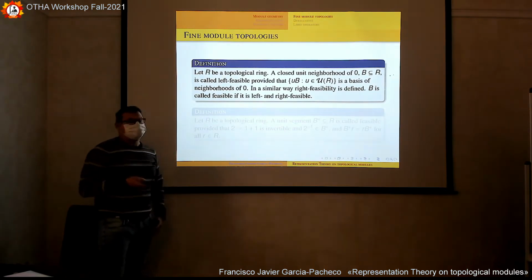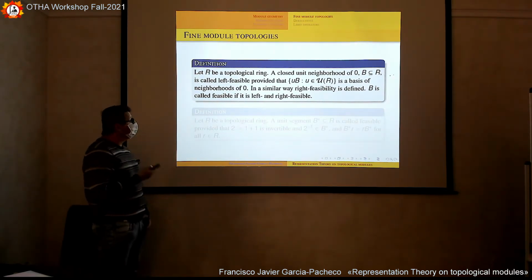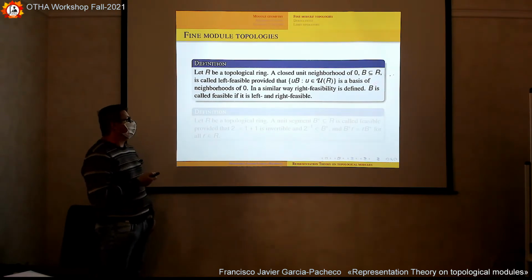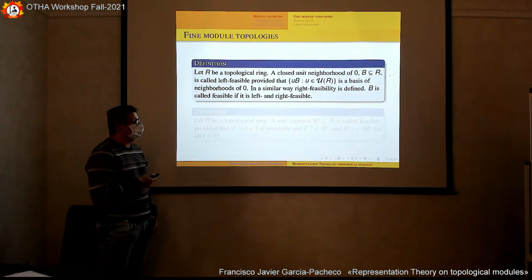Like I said before, we first need suitable closed unit neighborhoods of 0. In this case, a closed unit neighborhood B of 0 is called left feasible, provided that u times B, where u is an invertible, is a basis of neighborhoods of 0. In a similar way, right feasibility can be defined, and B is called feasible if it is left and right feasible.